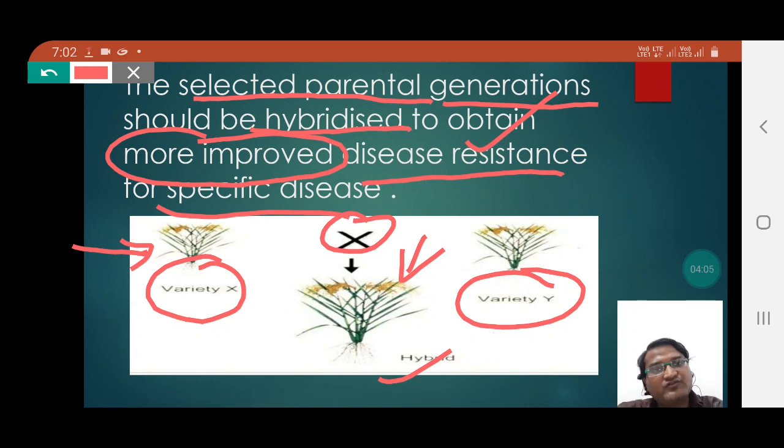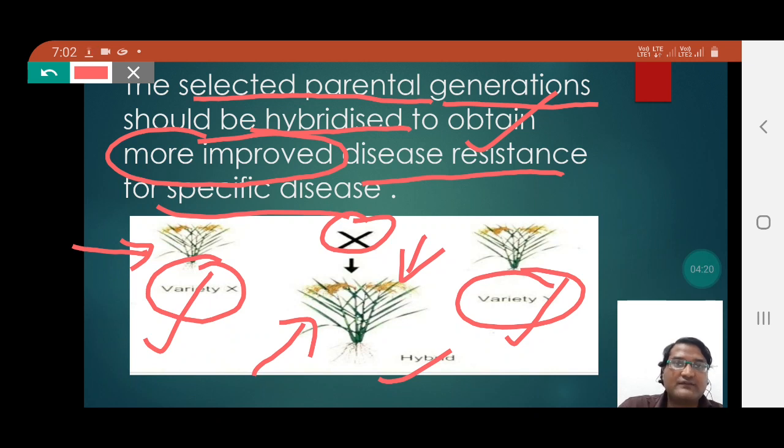Now this plant which you can see here is better than variety X and variety Y, because it has more improved disease resistance for specific disease in comparison to variety X, which is here, and variety Y, which is here.